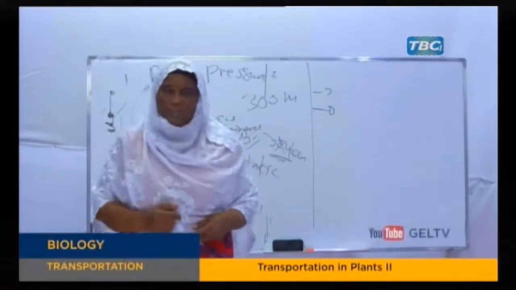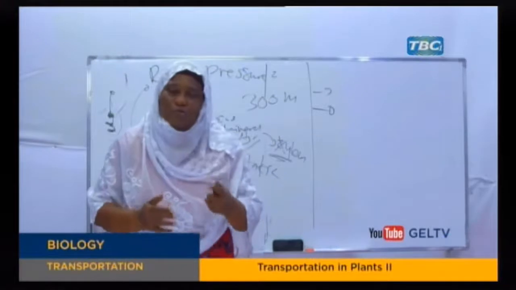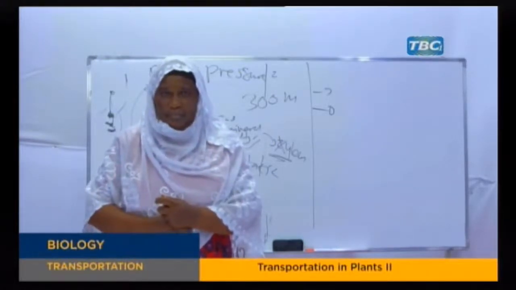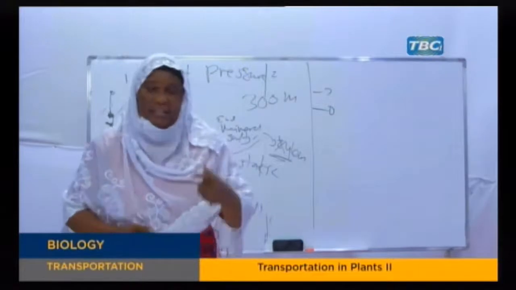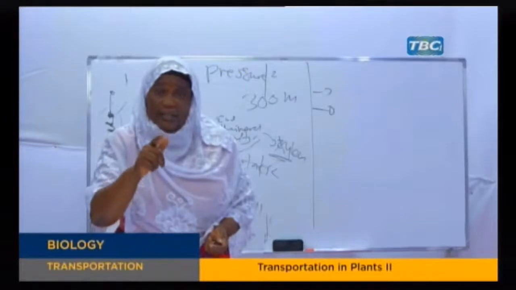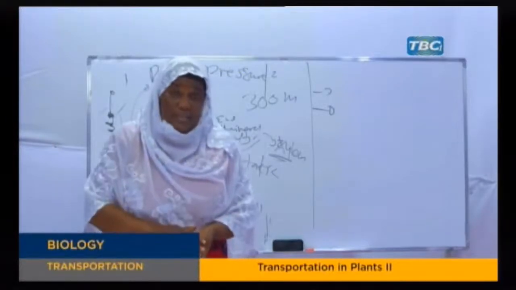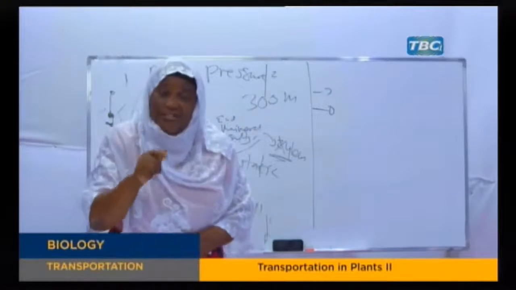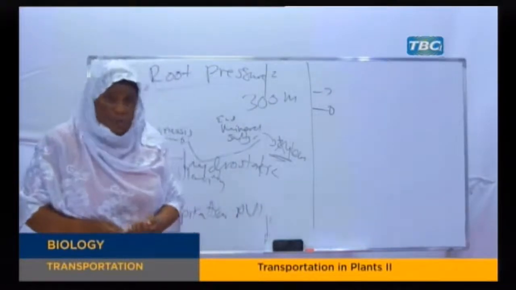Now I'm asking you a question. Are you able to describe those 3 paths? If yes, it is good. And if no, please don't close your books. Continue to read until you achieve those objectives.